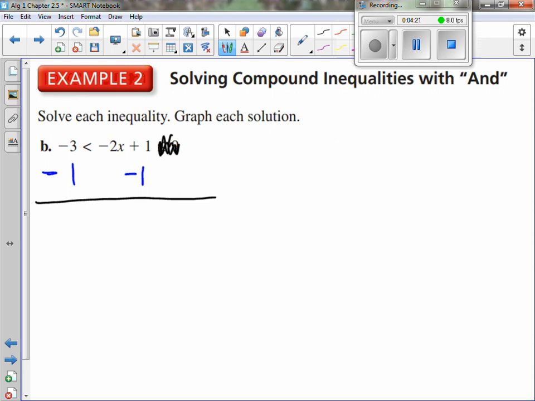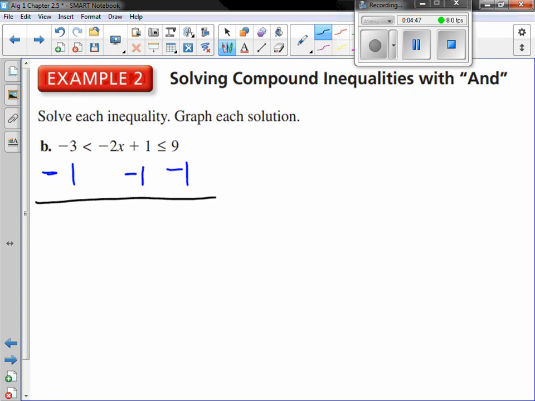Now, this is where I'd uncover this because, again, we do it to all 3 sides. So I cover that side up to see, okay, what do I need to do? Because we're used to it having only 2 sides, left and right, not a left, right, and middle. So I'll cover one of them up and see, okay, with the 9 covered up, if I minus 1, I'm closer to getting x by itself. We do it to all 3.